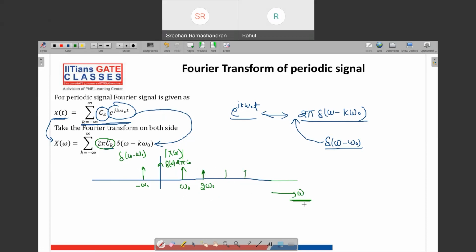Whenever you have a signal which is continuous plus aperiodic, in the Fourier domain you will get aperiodic plus continuous.